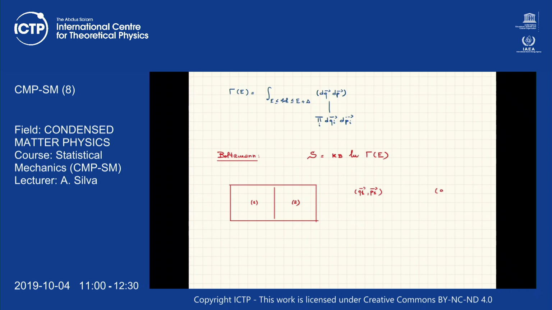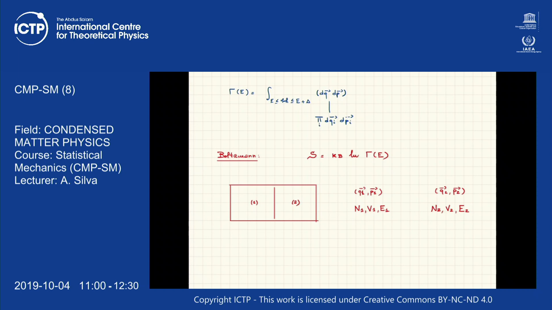In the other one there are some other particles, Q2 and P2 are the generalized coordinates and momenta. The number of particles is going to be N1, V1, and E1, the energy. N2, V2, and E2 is going to be the energy of the other one.